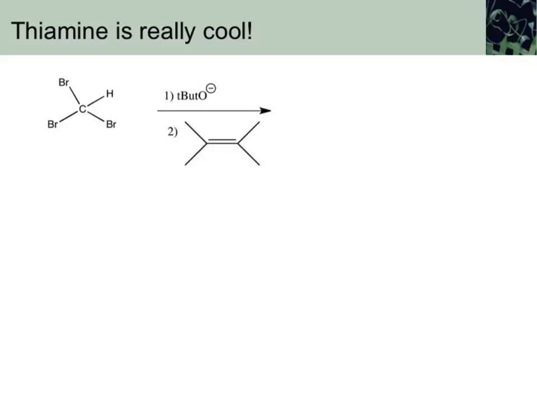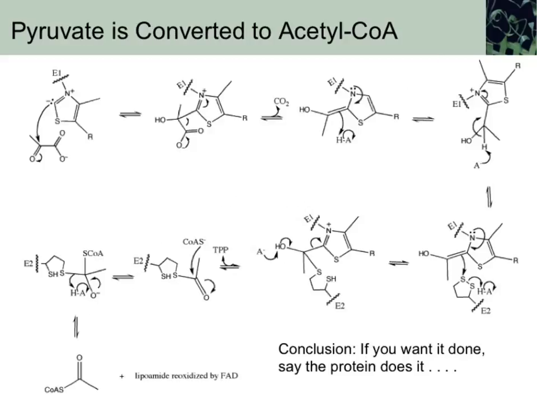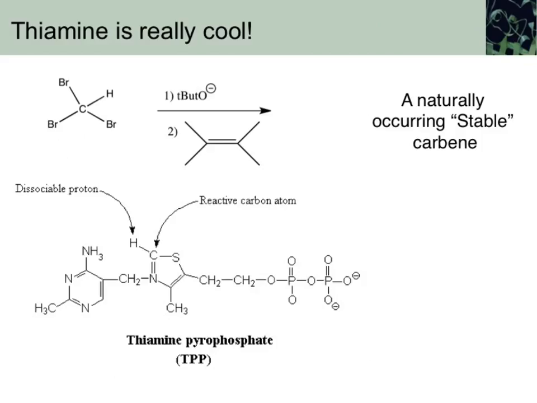So thiamine is cool because we form a carbene. Okay. From OChem, a carbene is this structure. We have an sp2 hybridized carbon, so 3 electron groups, okay, which means we are missing an octet on that carbon, which means there's an empty orbital.